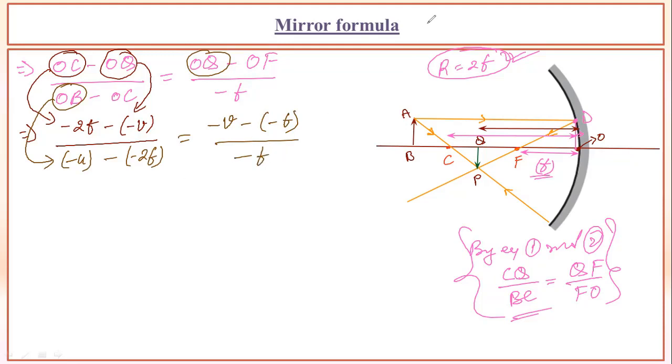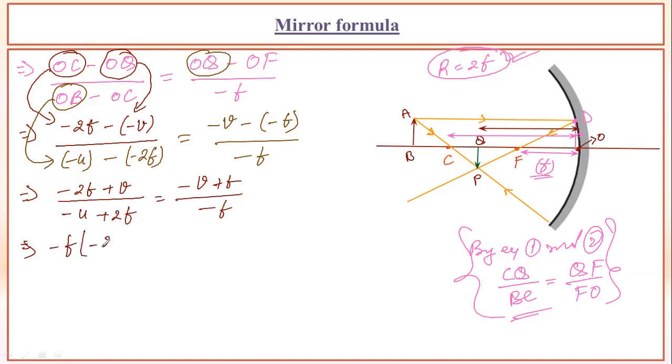Now let's go for simple algebraic simplification. So minus 2F plus V upon minus U plus 2F equals minus V plus F upon minus F. If we cross multiply, then minus F will be multiplied with minus 2F plus V, equals minus V plus F multiplied with minus U plus 2F. Students, just follow the algebraic rule over here.